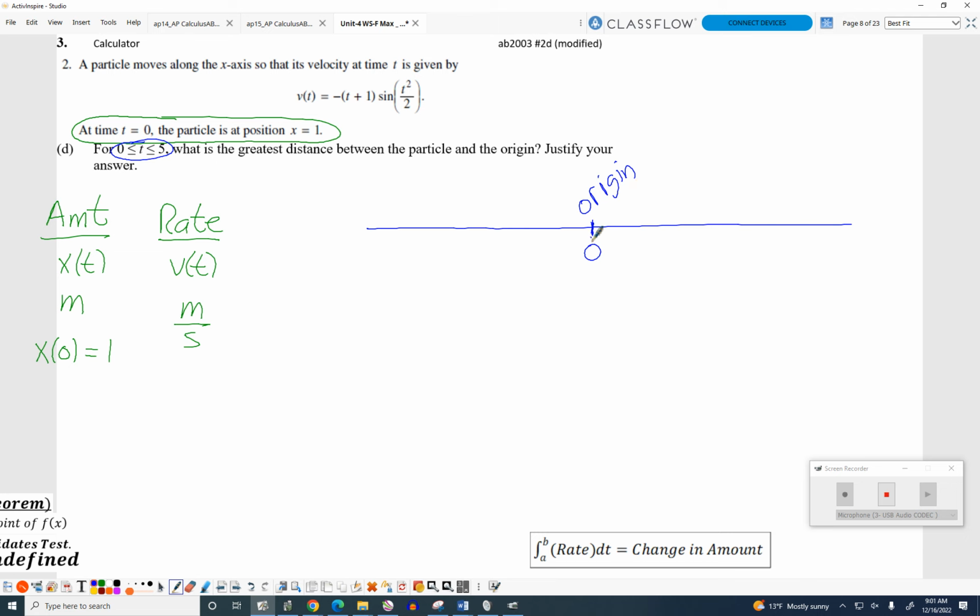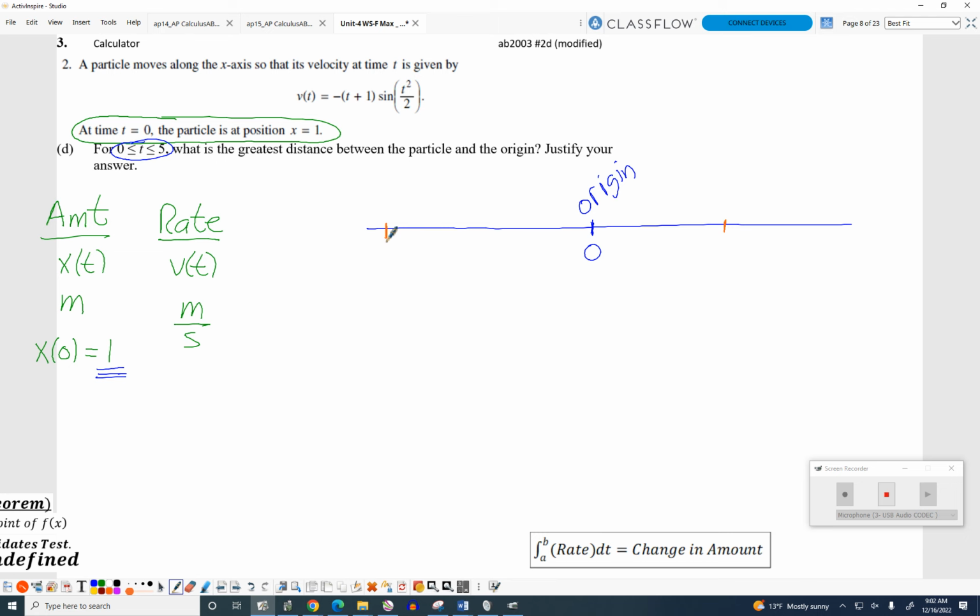The particle begins at location 1. But they want to know, as this particle moves back and forth, when is the particle furthest from the origin? So the particle might be furthest over here somewhere, but it might be further over here somewhere. So I'm actually looking for the max and min of the position. Questions?